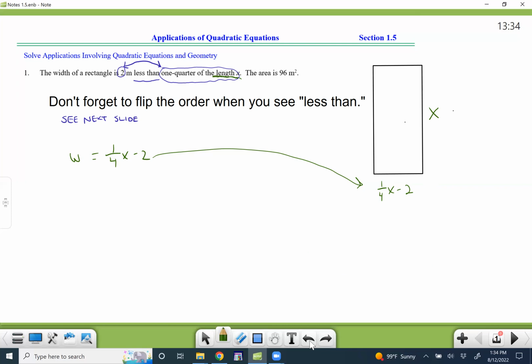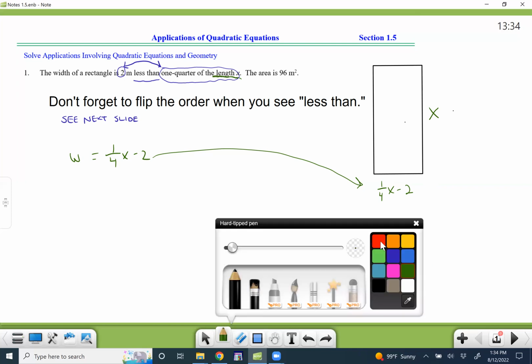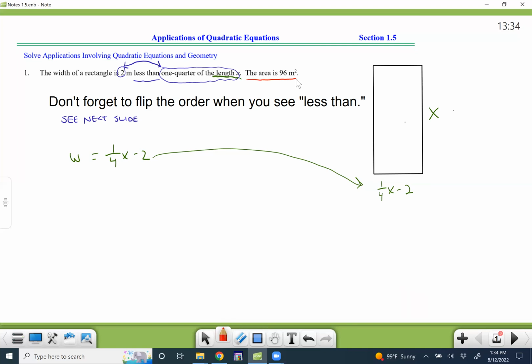Okay. All right. So let's take this last sentence now and digest it. This last sentence says the area is 96, right? So if the area is 96, let's start off by writing the area of a rectangle formula. The area of a rectangle is either base times height, or in this case, length times width, right?